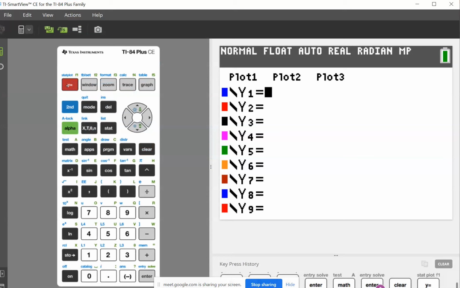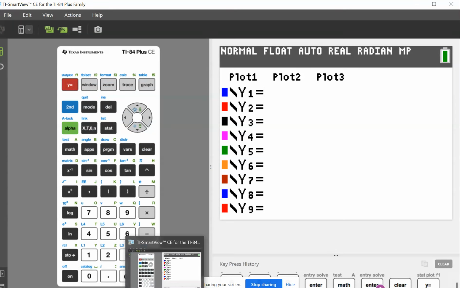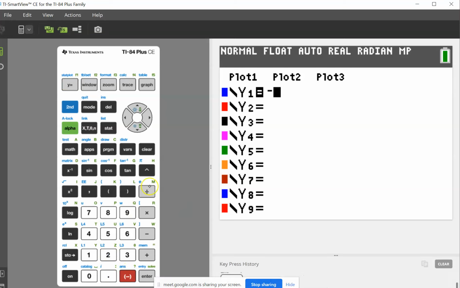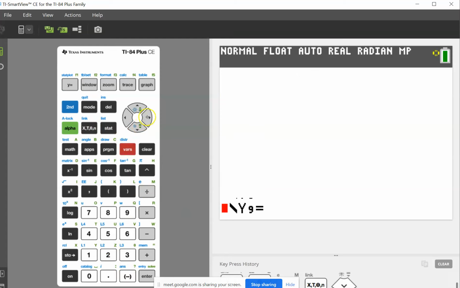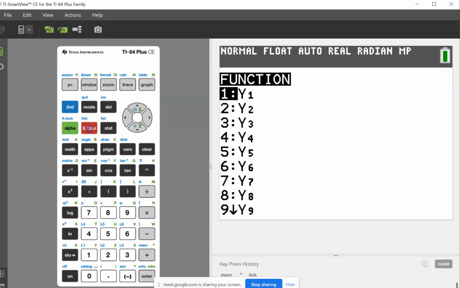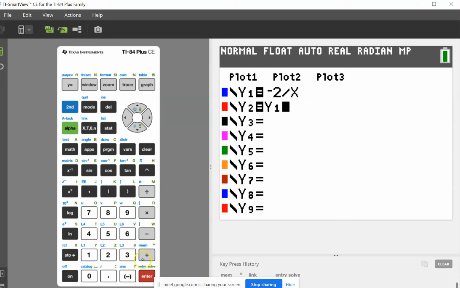Remember, on y1, we would do 2 times negative 1. So we're going to have negative 2 divided by x. And then on the second row, bars, arrow, enter, enter, plus x. Enter, plus x. Okay.